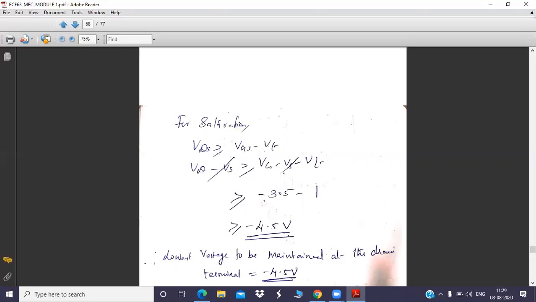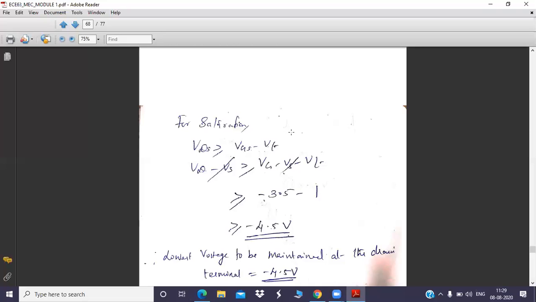Now, potential difference is nothing but the difference between the potentials at two terminals. So VDS is nothing but VD minus VS. On the left side, you have replaced VDS with VD minus VS. On the right side, you have replaced VGS with VG minus VS minus VT.